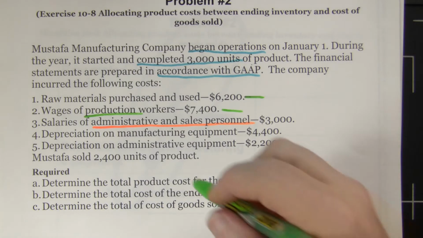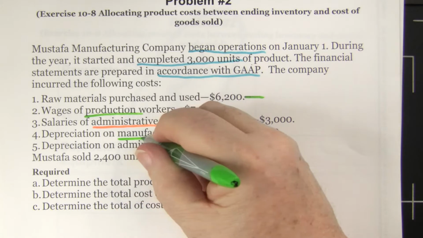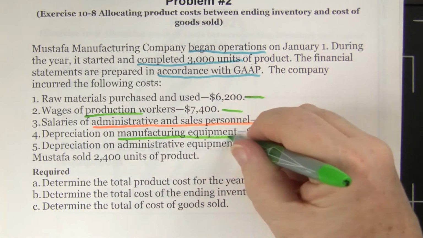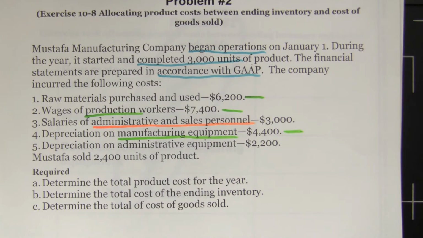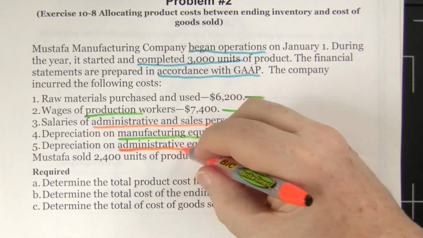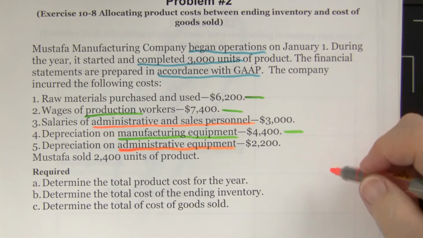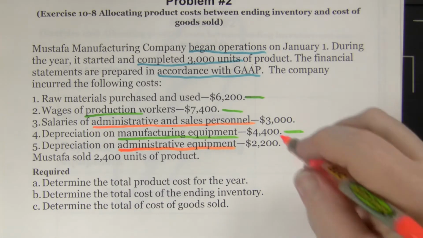Depreciation on manufacturing equipment. They wanted to make sure you saw manufacturing equipment. That is a product cost, that is manufacturing overhead. And then they tell you depreciation on administrative equipment, and I have no idea what that would be, but that would be a period cost.